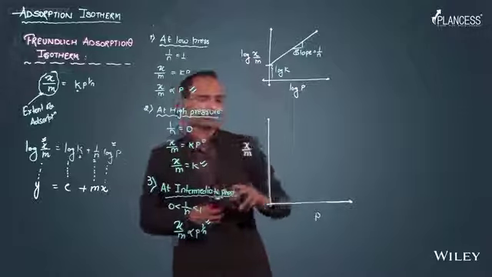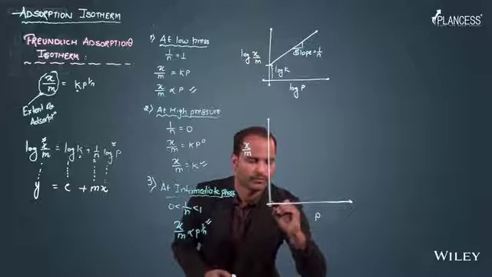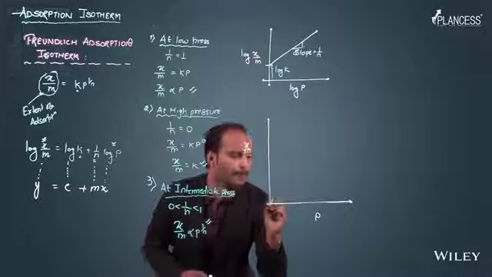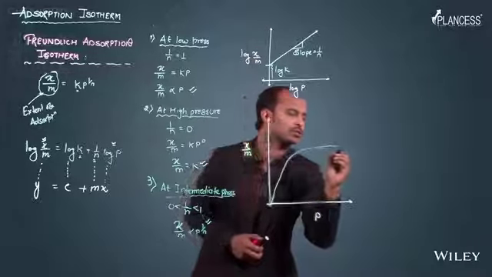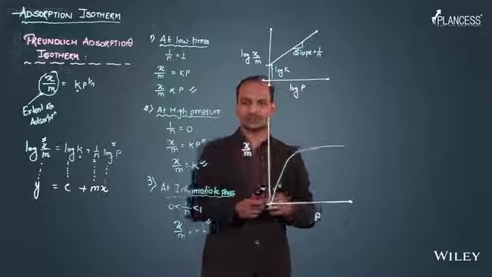As the pressure increases, the rate of adsorption goes on increasing. First it increases linearly, then it becomes constant. The graph is something like this.